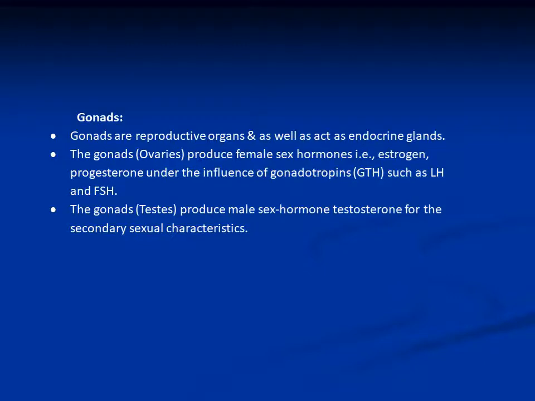How is it maintained? By thickening of the uterus during pregnancy, and it prevents abortions. Now let's start the testes. They produce the male sex hormone testosterone for the secondary sexual characteristics.